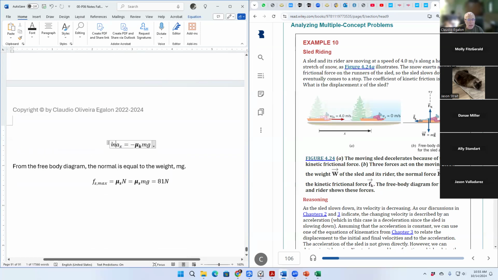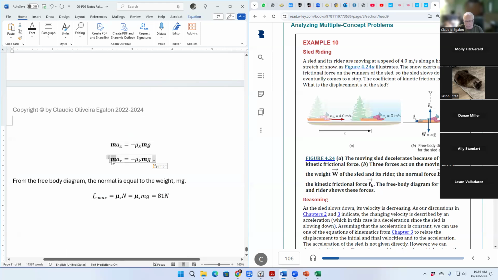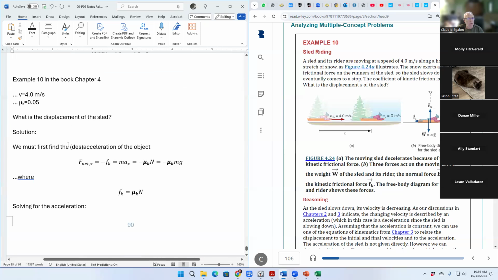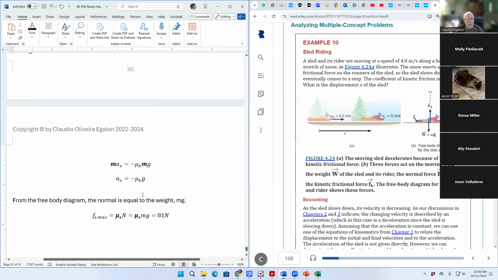In this specific case, the mass on the left side cancels the mass on the right side. Okay? Which simplifies our problem. I'm gonna cancel the mass here and the mass here. Okay? And we have the values, 0.05. We have g, we can find out the final answer, right?